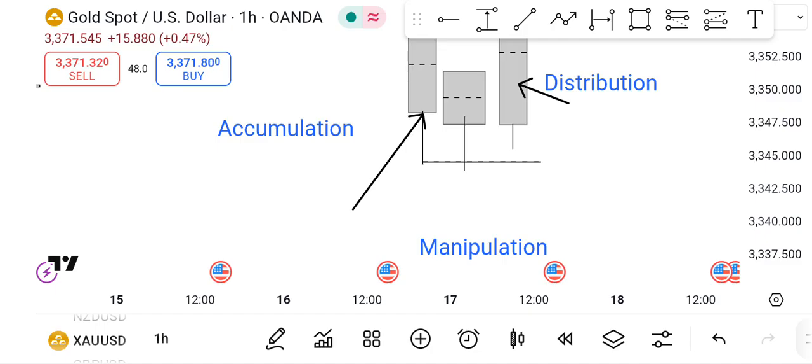The next step, I want to talk about the key levels, because you can't just go into the market, spot a CRT and trade it.